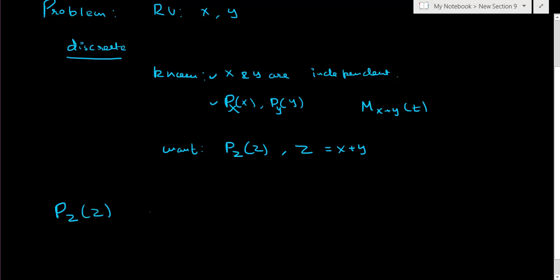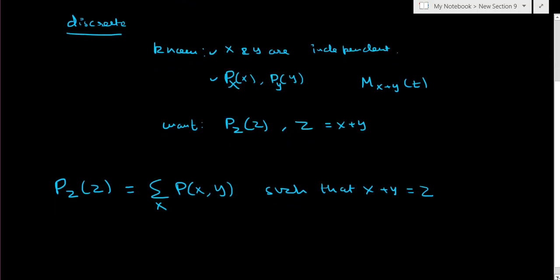Okay, what is it equal to? It would be the sum of all the cases of the combined probability function of x and y, such that x plus y is equal to z. That is what it would be.